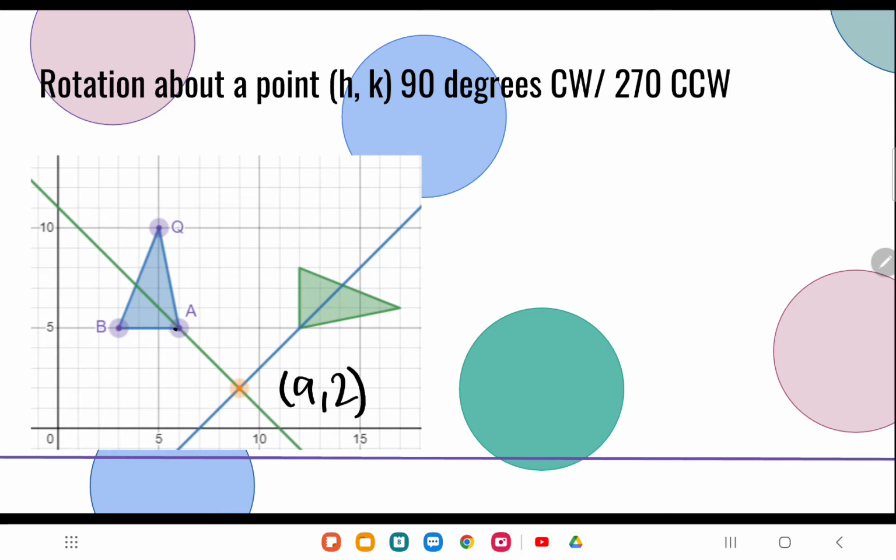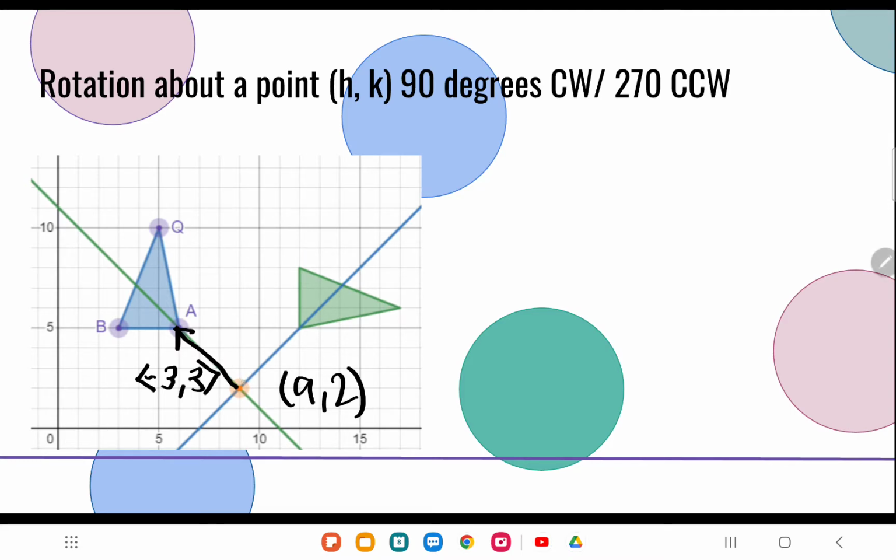I'll draw a vector from the center of rotation to A, and I'll note that this vector in its component form can be labeled as -3, 3.